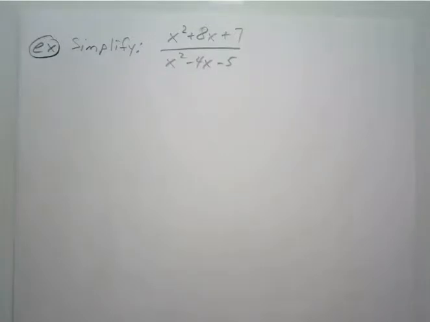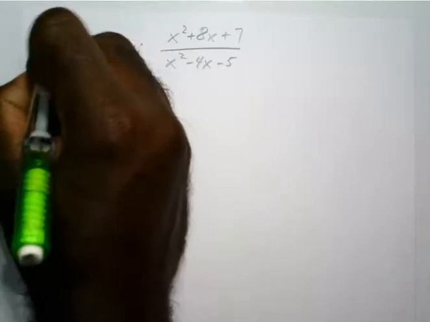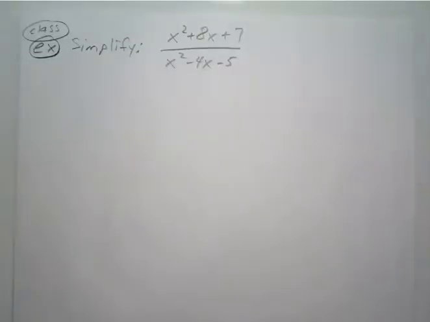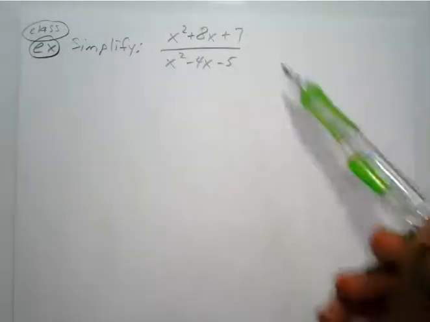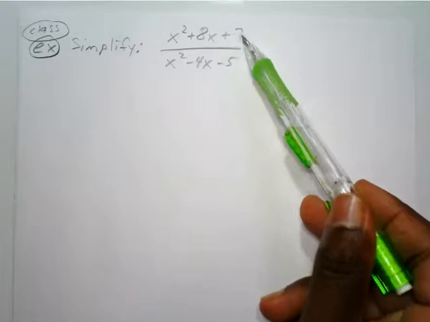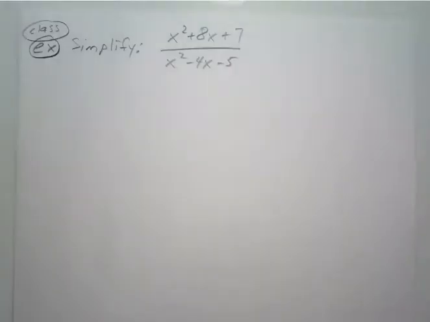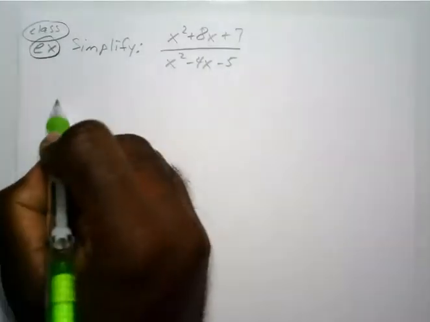All right, so I want you to press pause and try to do this one yourself. Remember, first thing you want to do is factor your numerator, factor your denominator, and then cancel out any common binomials, any common factors. Okay, so I'm assuming you've gone ahead and factored and you're all done.